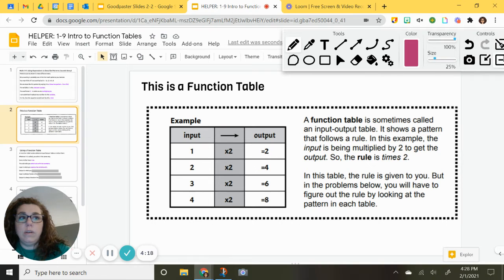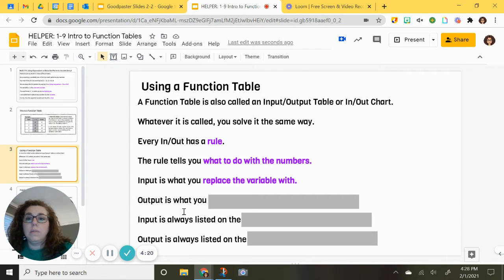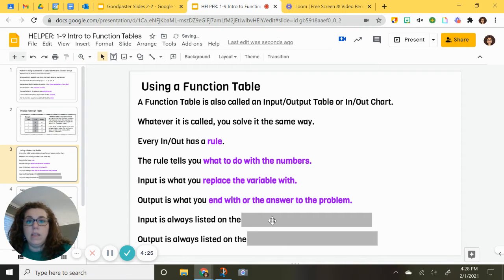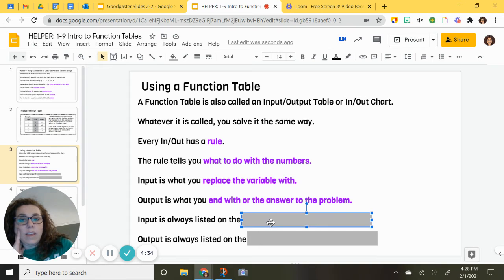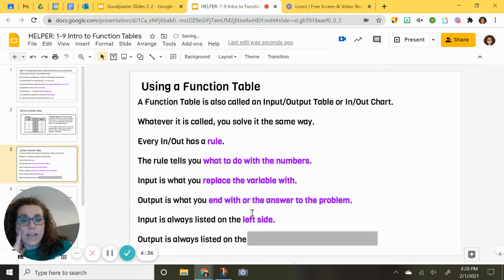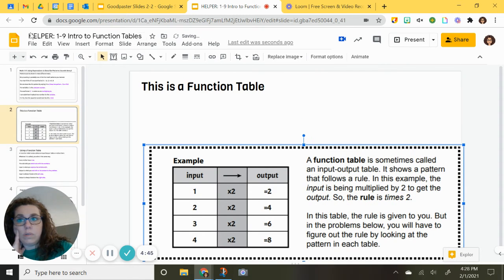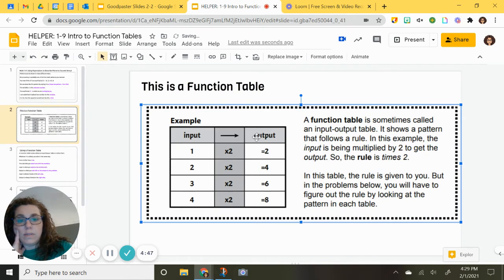The output is what you end with, or the answer to the problem. Input is always listed on the left side, and the output is always listed on the right side. Left, right. And then below, you'll see a top and bottom one too.